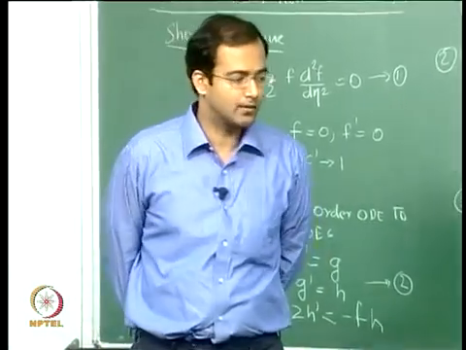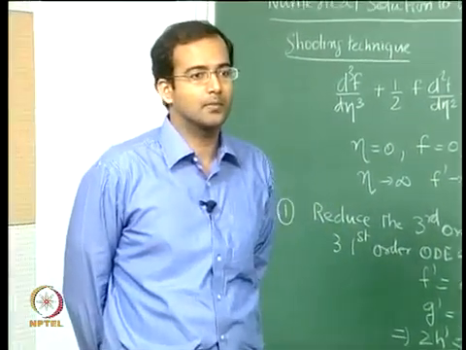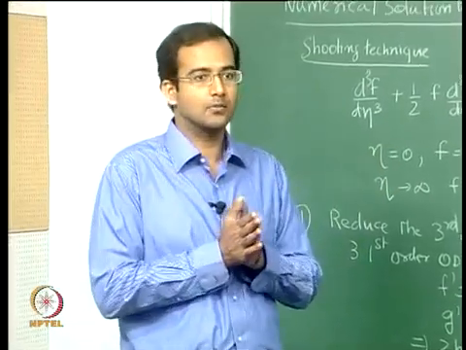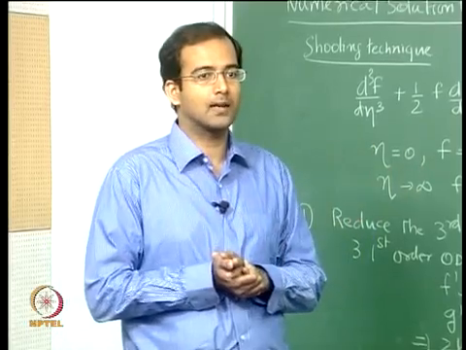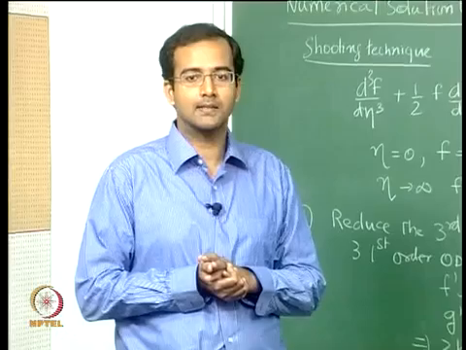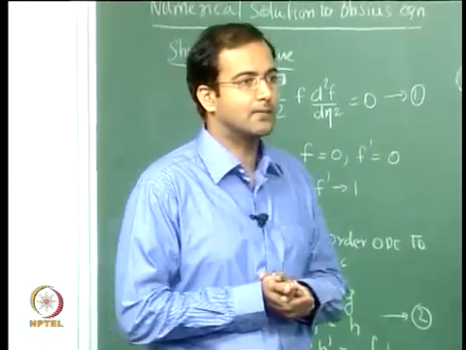Some of you were not there, so to summarize, Blasius used the series expansion technique, where he assumed a power series and substituted that into the Blasius equation, applied the boundary conditions, and this series expansion was valid for small values of eta.